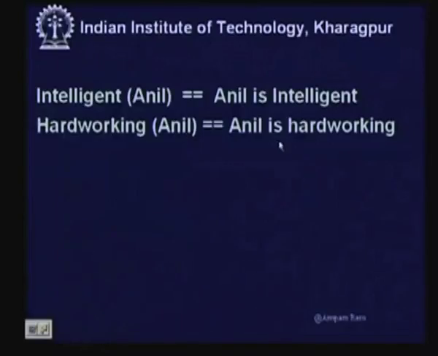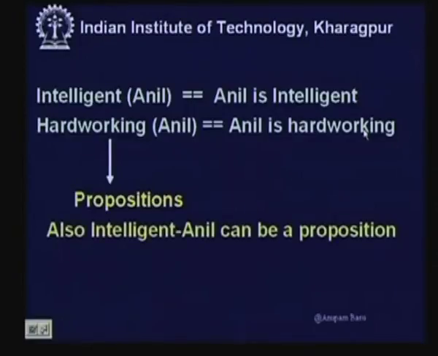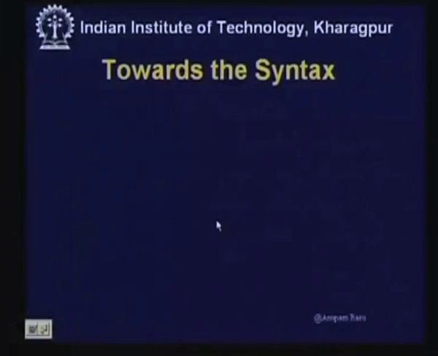Hardworking Anil, again similarly, means Anil is hardworking. So, again these are propositions. Now, propositions can be written either in this way or as intelligent Anil. In that way, I could have also written, provided the syntax of the language had allowed it. A proposition can be true or false, as has just now been told.